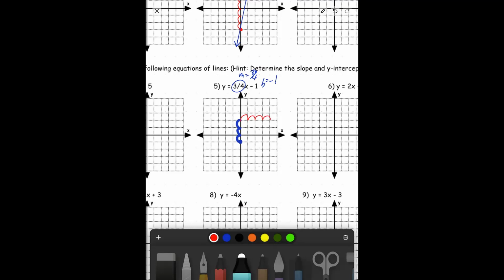And my new point is going to be here. So I've got 2 points, and I can draw the best line that I can through those 2 points, put some arrows on it, and there we go. That's the line that has a y-intercept of -1 with a slope of 3/4. Boom, done.